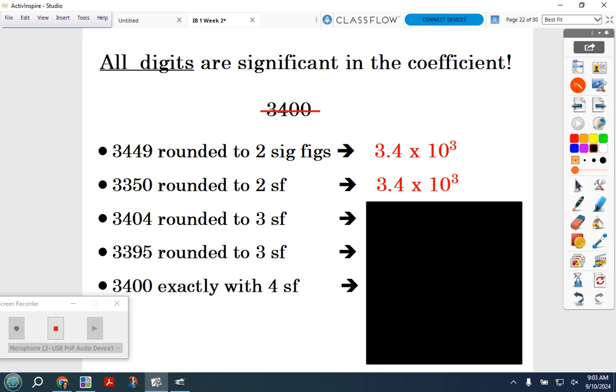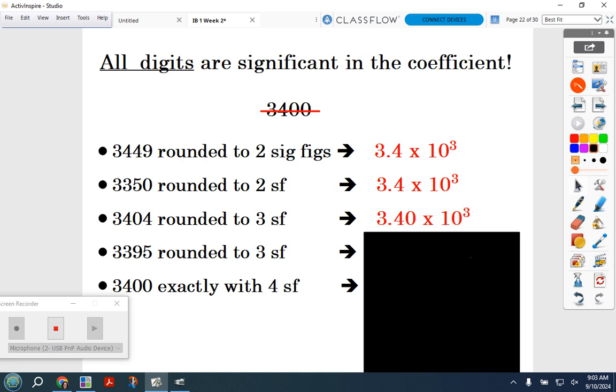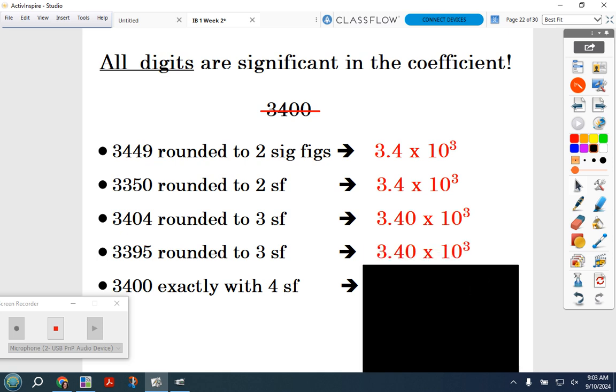Now, what if we wanted to indicate that we were rounding it to 3 sig figs? But the rounding gets us to a 0. So 3,404, I'm rounding to the third digit. That gives me 3,400. But I can write it as 3.40 times 10 to the third. And that gives me that information, that I have that much precision in that measurement, in that number. Same thing for if we're rounding up to 3 sig figs.